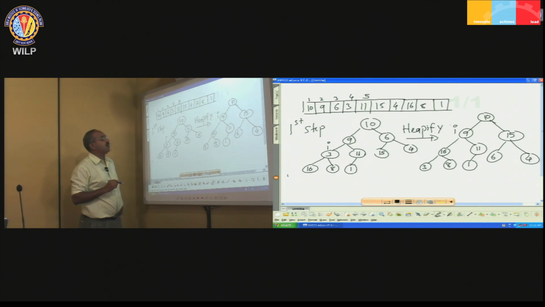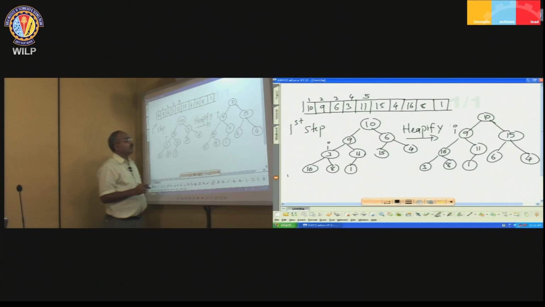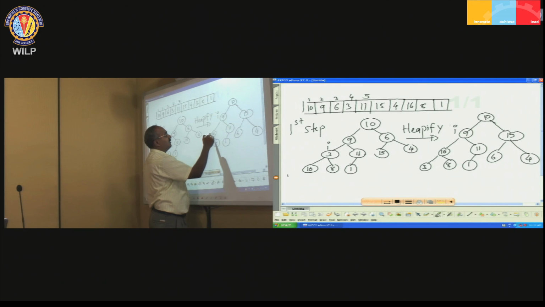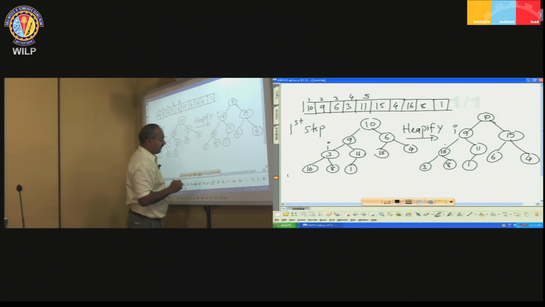Now we are checking. Again we see that the heap property is violated there. In this particular case what will happen is we will allow 9 to float down. It is less than both 16 and 11, so we will swap it with 16. So, 16 will go here, 9 will come here, and at this particular stage the heap property will be satisfied.